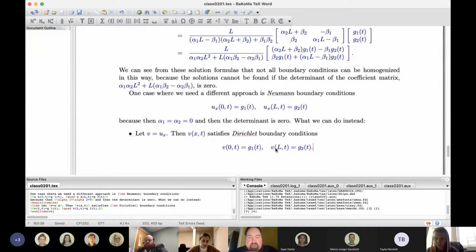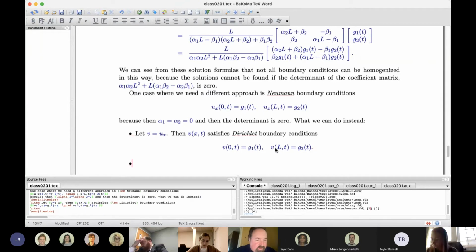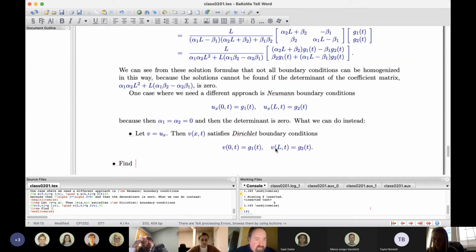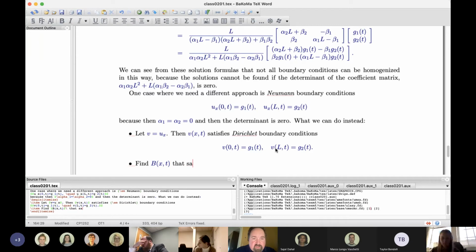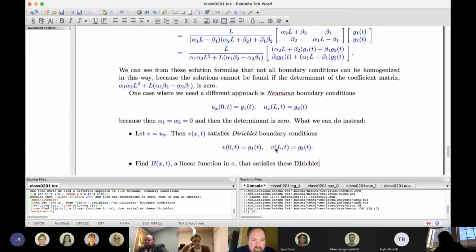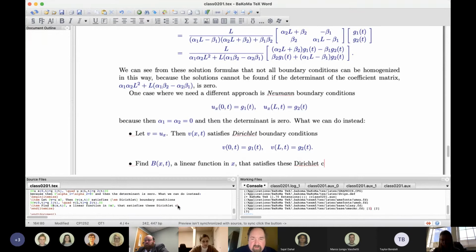So now we're back in a situation that we know how to handle. We find v as a linear function in x that satisfies v's boundary conditions here. And we know how to do that because that's what I was doing in the second example, or actually it's even simpler than that.